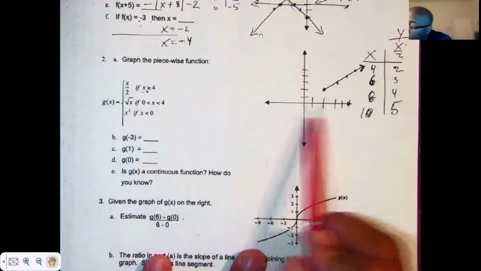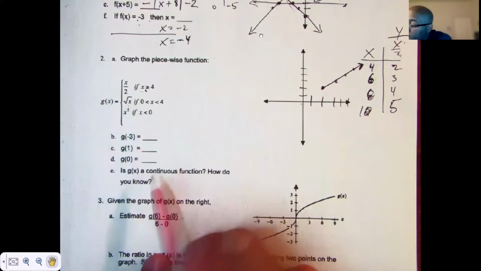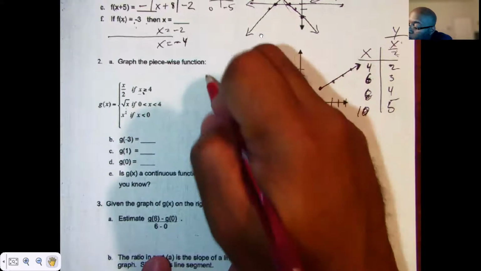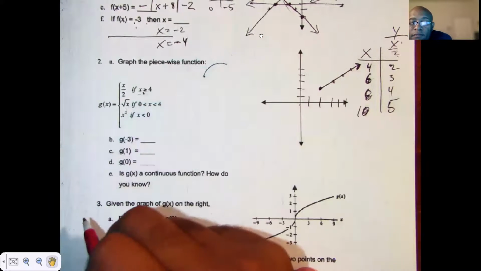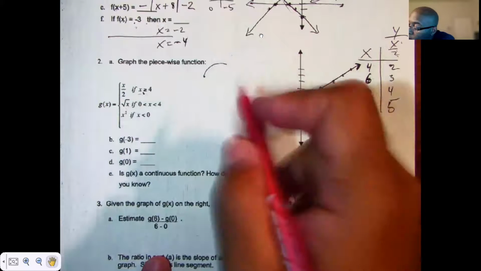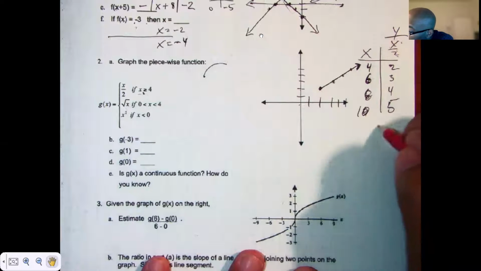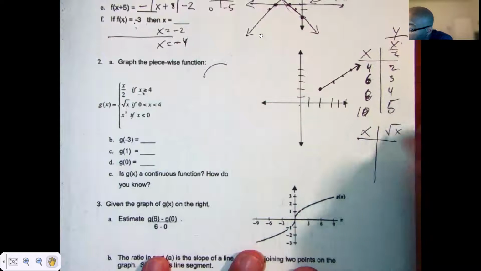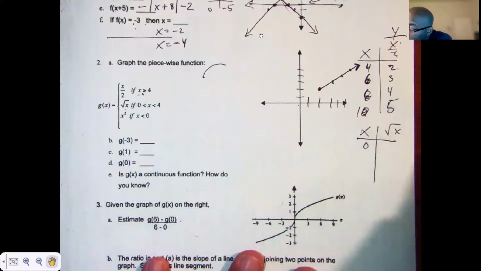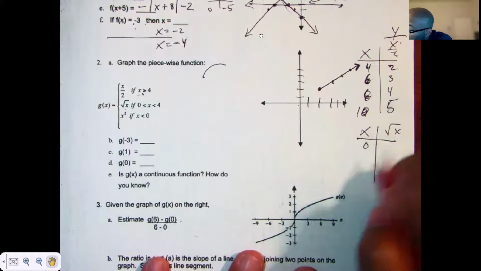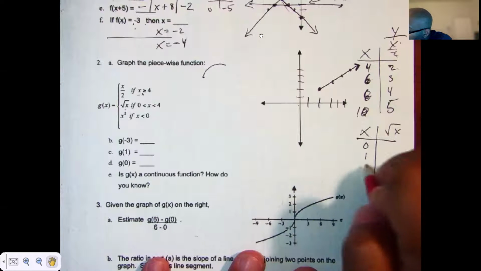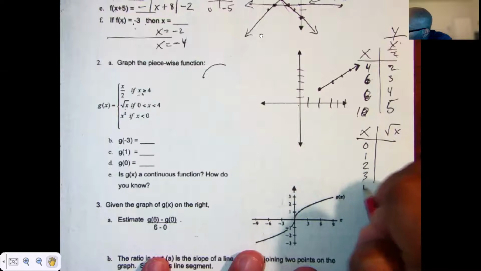From 0 to 4 it is not quadratic. It's going to be a square root function. It's going to do something like that. So if I make another table, x and the square root of x, I'm going to try 0, 1, 2, 3, 4.